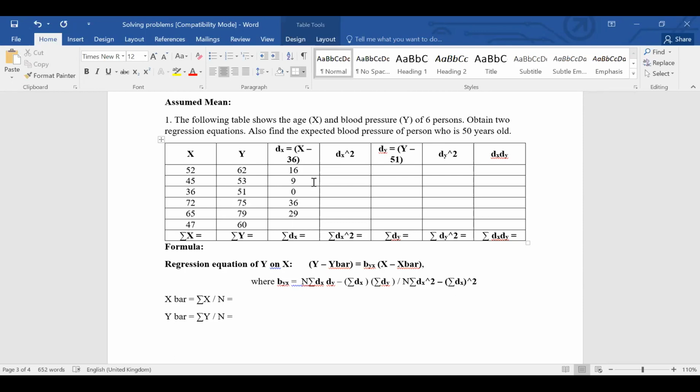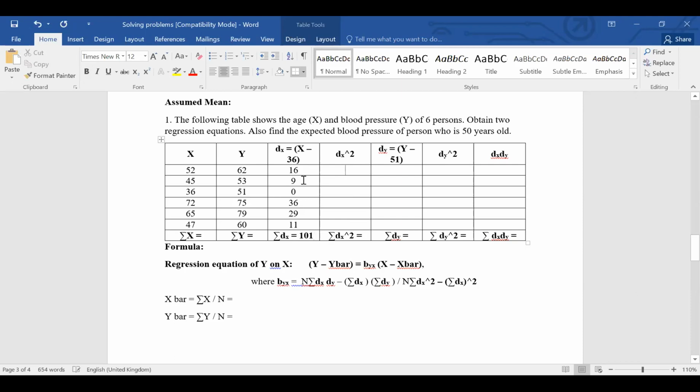And 47 minus 36? 11. Now what will be the summation dx? 10, 16, 25, 34... it's 101, sir. 101. Okay.